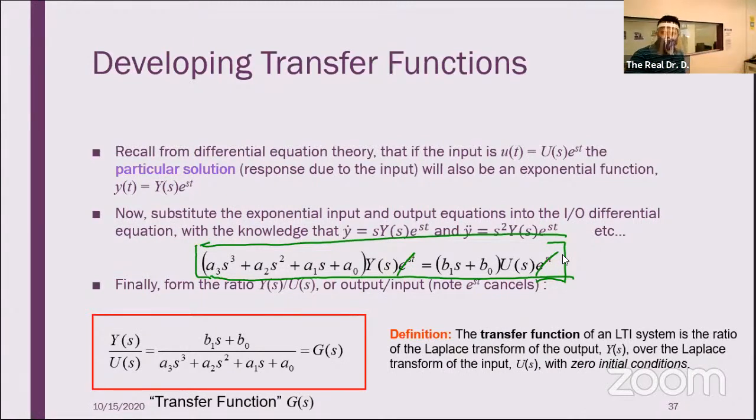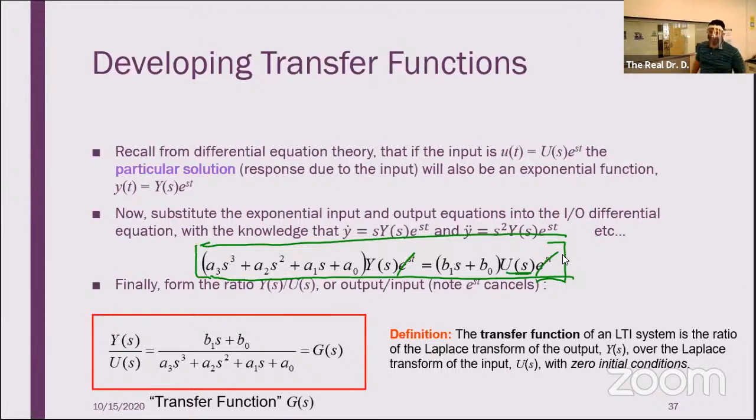And notice what happens when we go from the green box to the red box. We have divided both sides of this green equation by U of S, and we've divided both sides by the A terms on the left-hand side. And we're left with this.